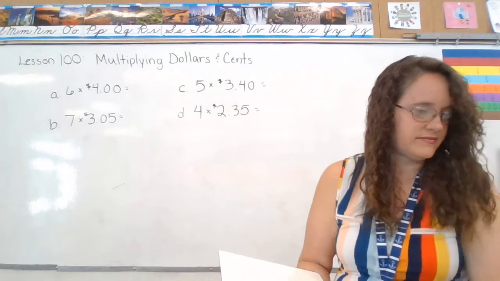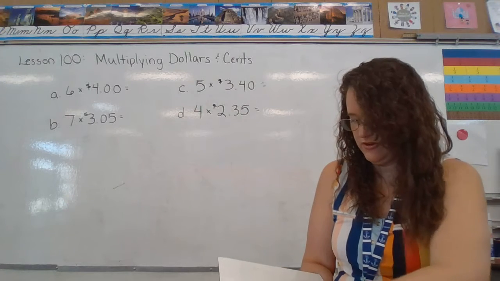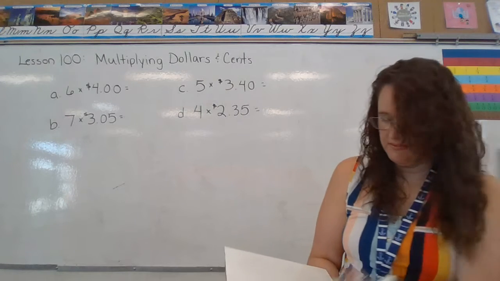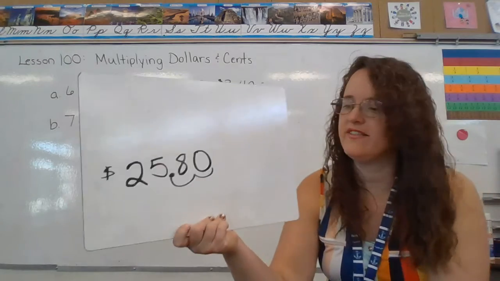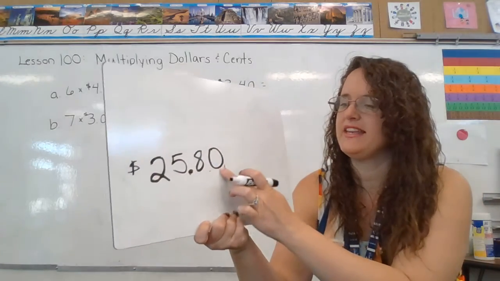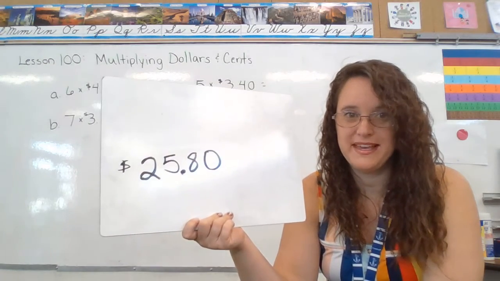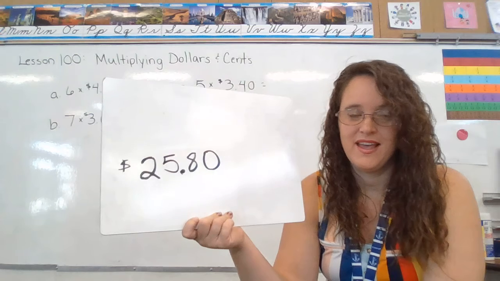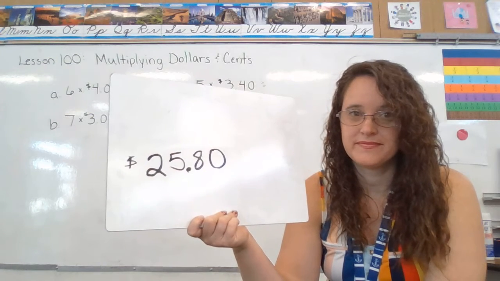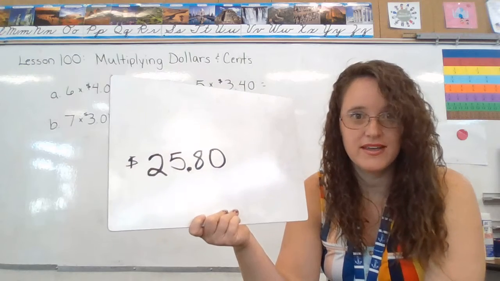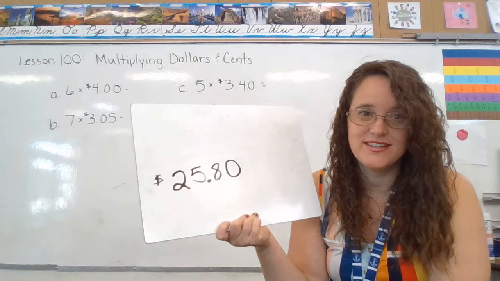Okay. So let's just look at this amount here. My next question to you is, if I have $25.80 worth of pennies, how many pennies would that be? How many pennies are in $1? 100, right? So we have $25.